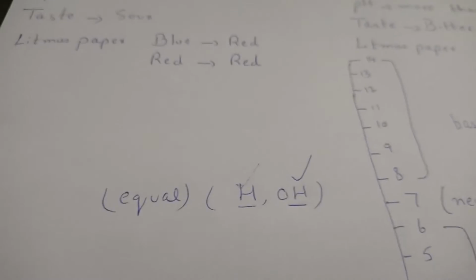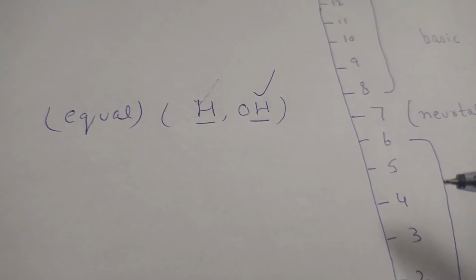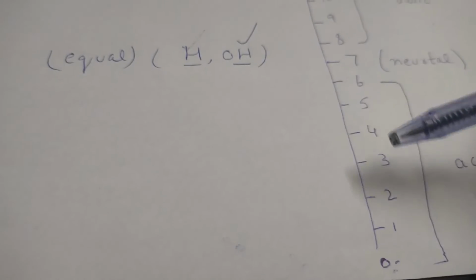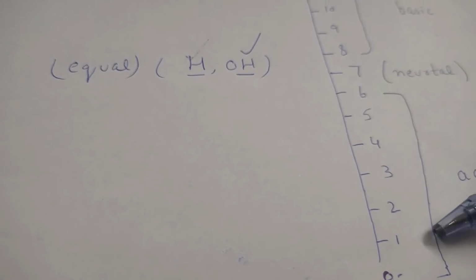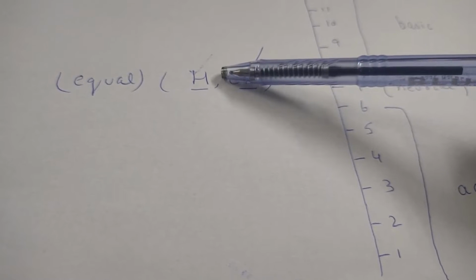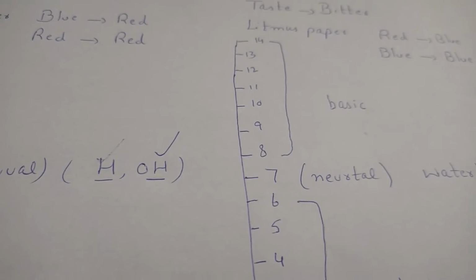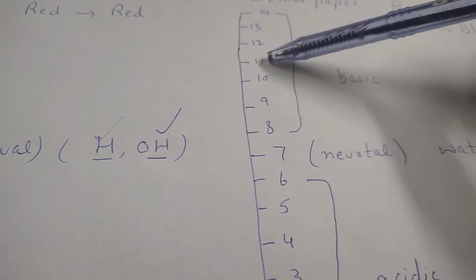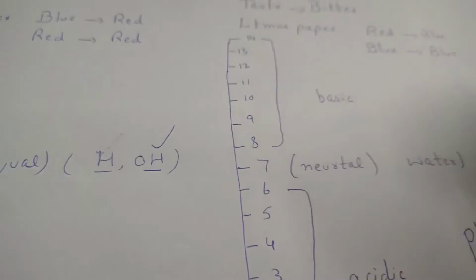And we know that if any object has pH below 7, it means it has more hydrogen. And if any object has pH above 7, it means it has more hydroxyl ions.